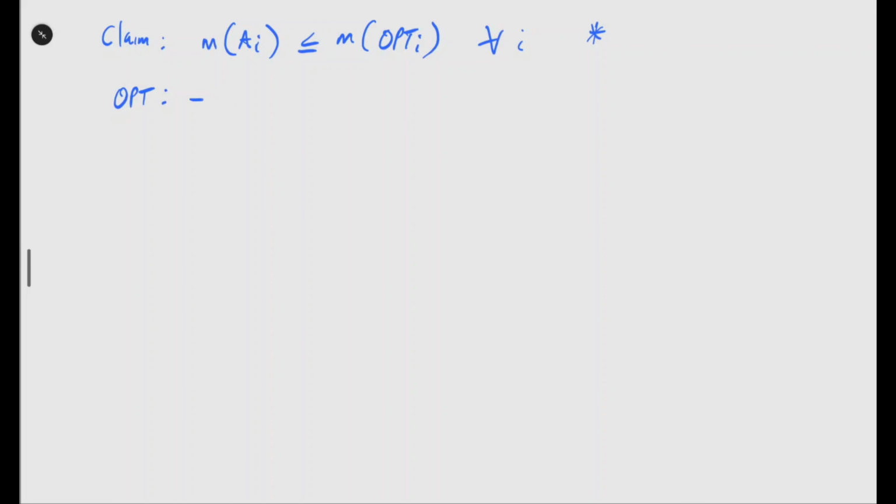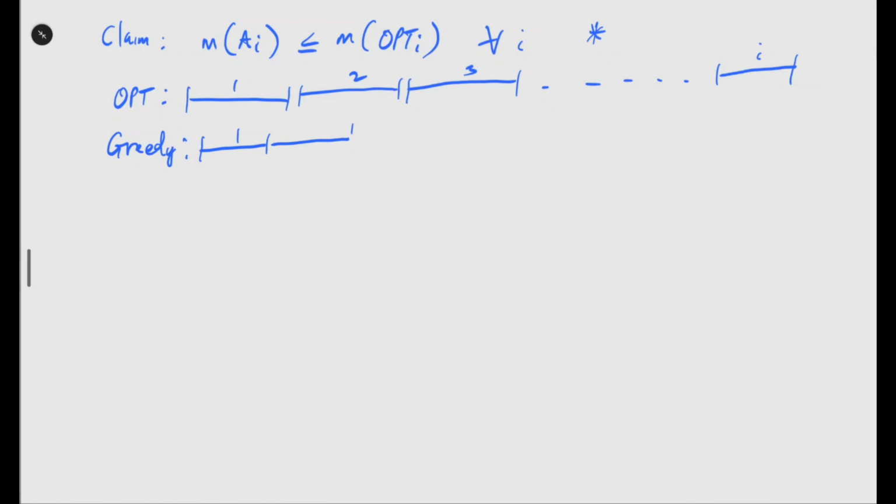This claim means that using the optimal algorithm, this is the ith job, right? 1, 2, 3 to the ith job. But when you use the greedy, you see that for each interval, when you compare the greedy and the OPT, the greedy is finishing faster.